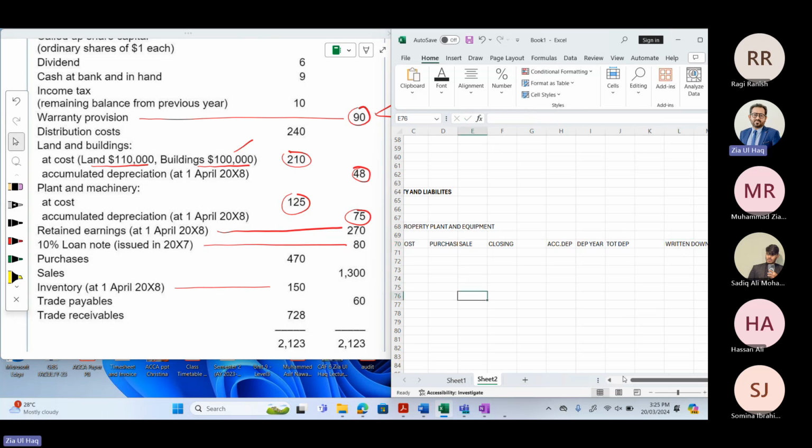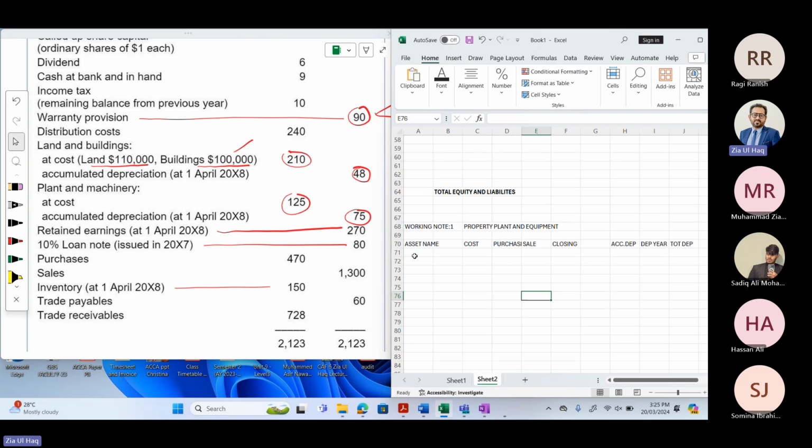Okay, so see how we can calculate. The asset name, how many assets are we having? 3 types of asset. Land, we will separate. Building, we will make it separate.